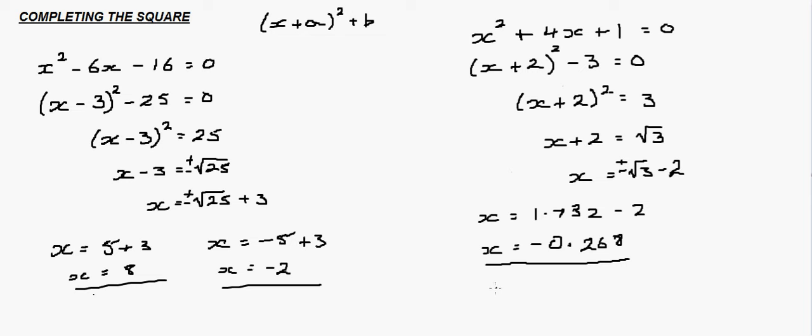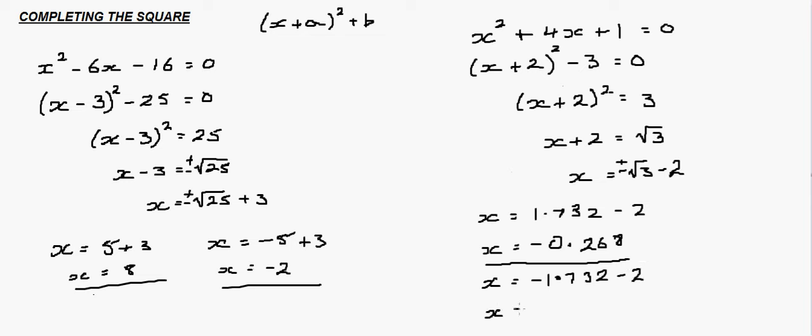Now the other solution is the minus root, so we would have x equals minus 1.732 minus 2.